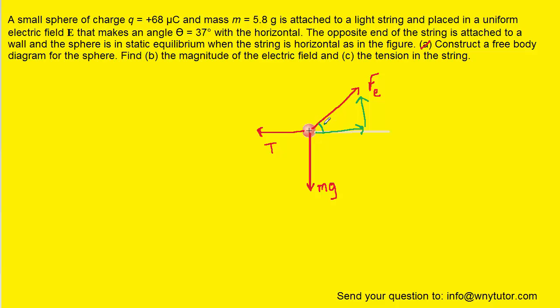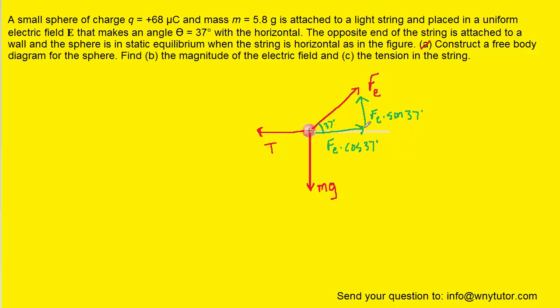Now we have a 37-degree angle here, as noted in the introduction to the question. The x component right here is adjacent to that 37-degree angle, so we know that that's going to be the electric force times the cosine of 37 degrees. We would be using cosine because that component is adjacent to the 37-degree angle. The y component is opposite to the 37-degree angle, so we know that will be the electric force times the sine of 37 degrees.